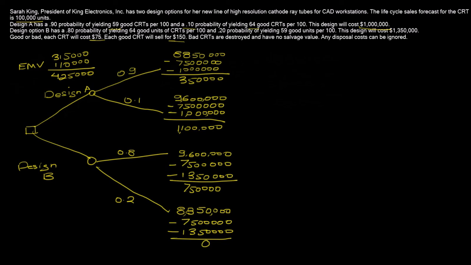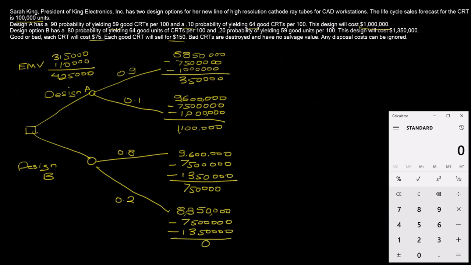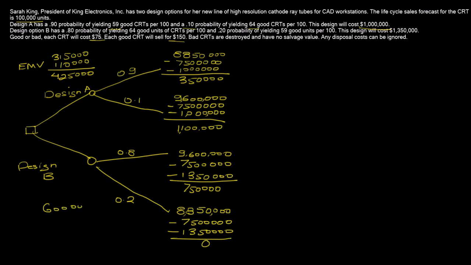So now we have an 80% chance of getting 750,000. 750,000 times 0.8 is 600,000. And the second leg has 0.